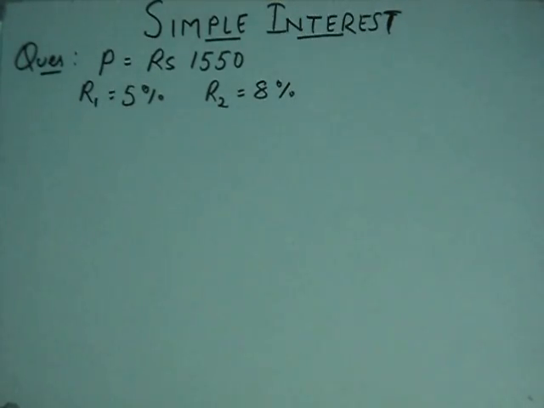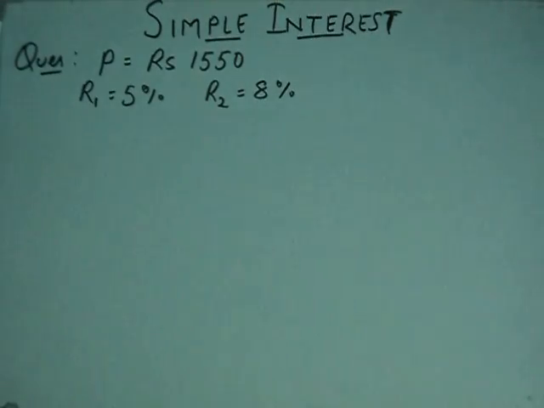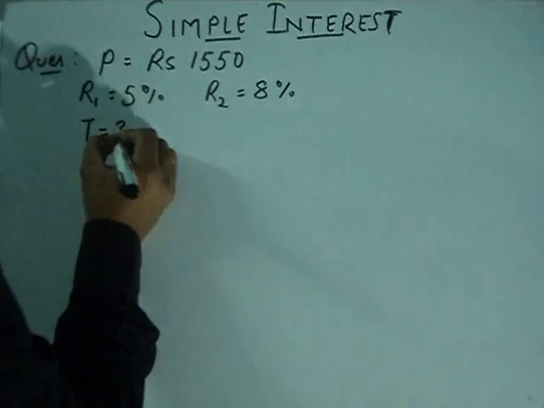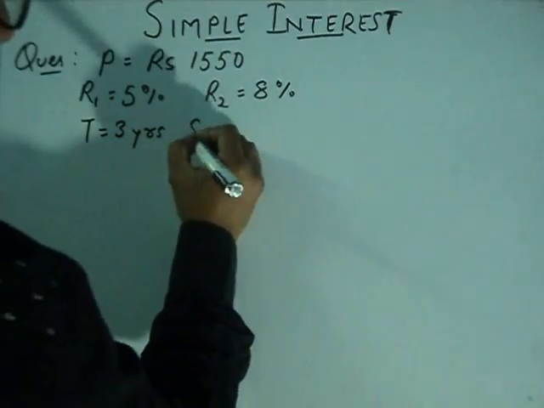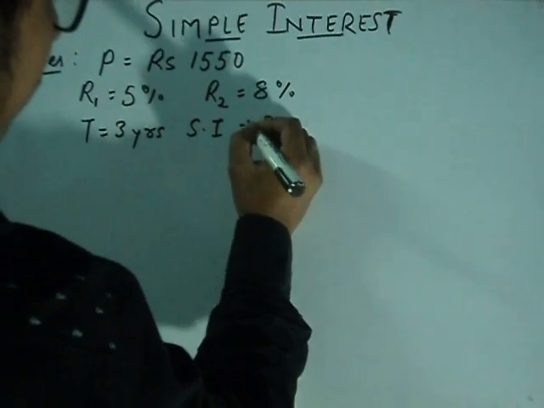This means the principal is divided into two parts. We lent it for 3 years, and after that we received simple interest of rupees 300.